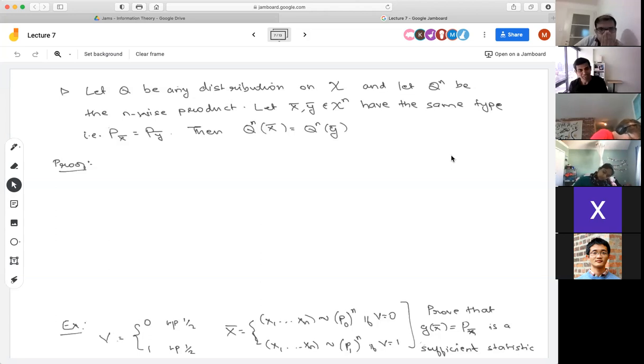And it's not too surprising. It's just the fact that if you look at the sequence X bar, it's nothing but a product of independent probabilities of each of these terms. And each term only depends on whether it's A1 or A2 and so on.